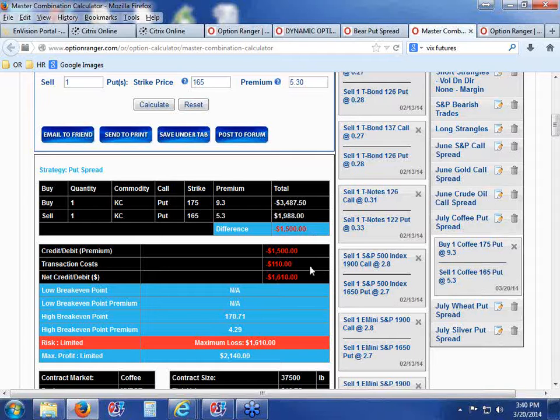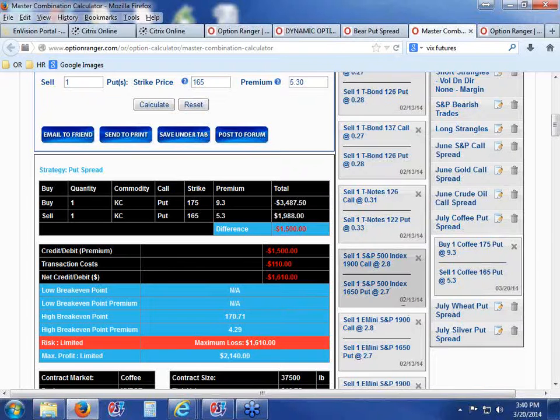Then, of course, like any good business person, you factor in the cost of the transaction, and you come out with a total debit. A bear put spread, as long as there is one long put for every short put, is a non-margin trade.